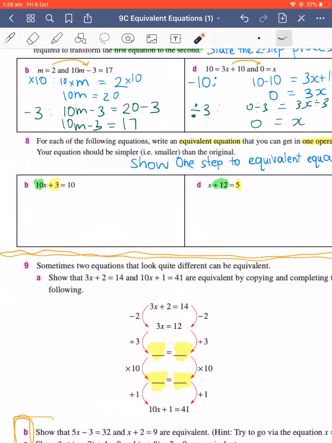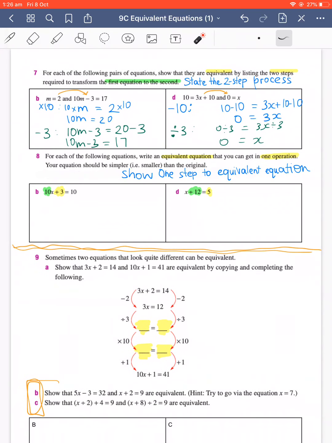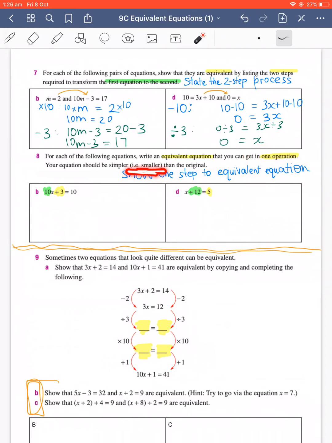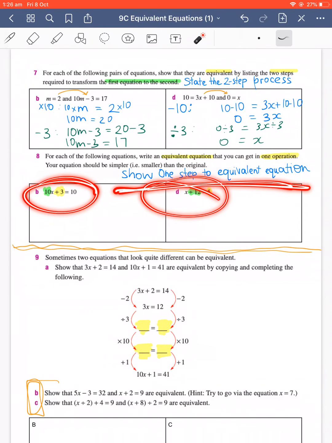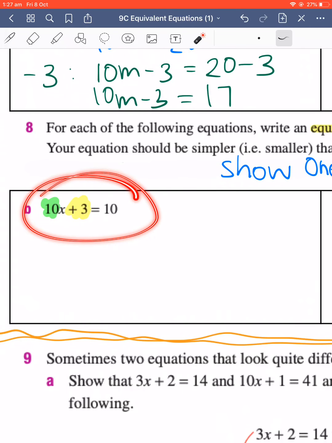Next question. For each of the following equations, write an equivalent equation in one operation. So I need to show you for this one how I can make a smaller one by doing only one step. Okay, so I want to make this smaller by only doing one step.